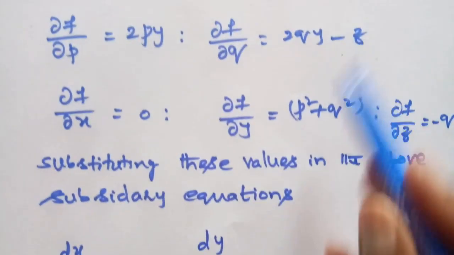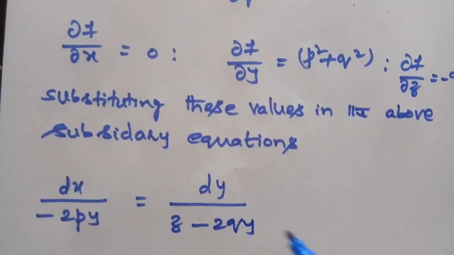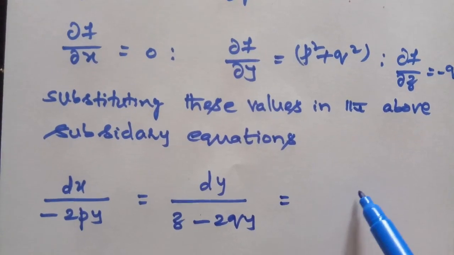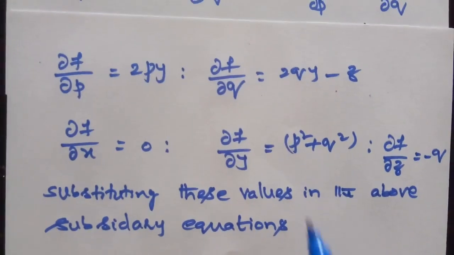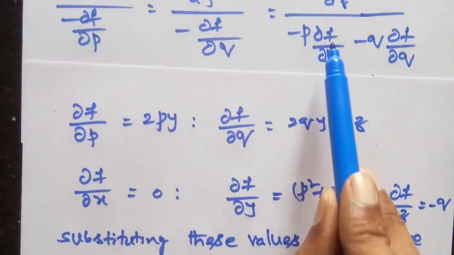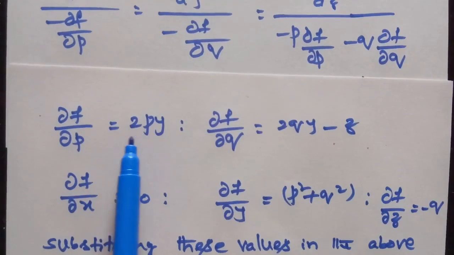Multiplying with minus, plus z, minus 2qy is equal to dz by, now minus p into dou f by dou p. So this is minus 2p square y.